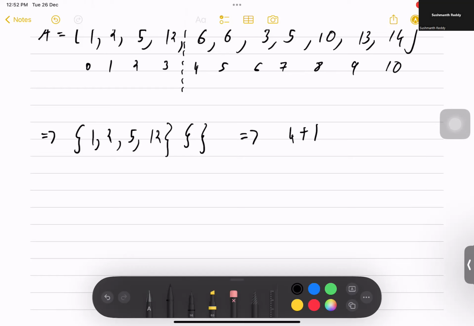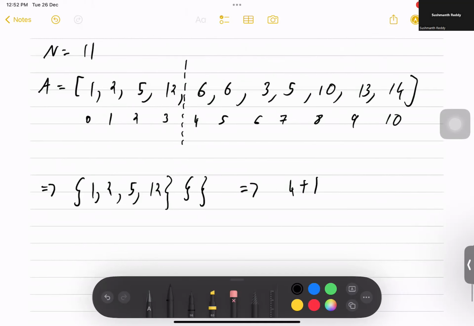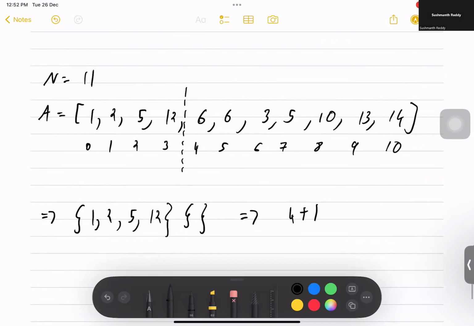There are 4 plus 1 incremovable subarrays. That is, R is fixed to this point, and L can be fixed to this one. L can be over here, 2. L can be over here, 3. L can be over here, 4. L can be over here, 5. So in total there are 5 incremovable subarrays which will satisfy the given criteria.